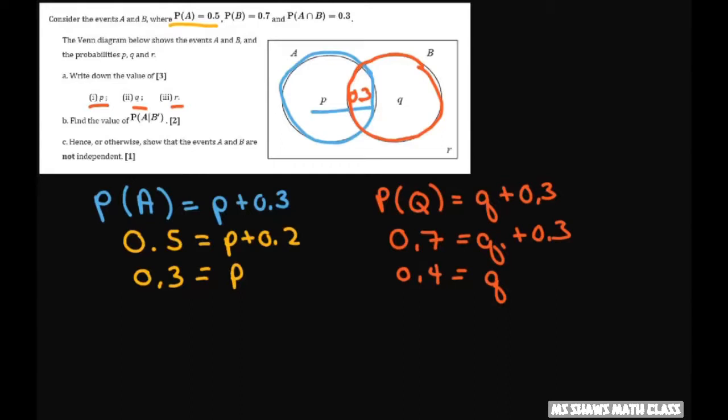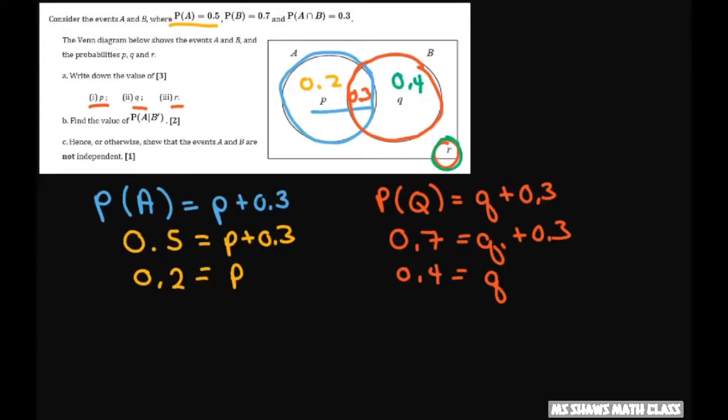Now R is here, so that's everything but these three. So we know P is 0.2. I made a mistake here. This should have been 3. So this would be 2. Sorry about that. I was thinking of the answer. And then Q is 0.4.